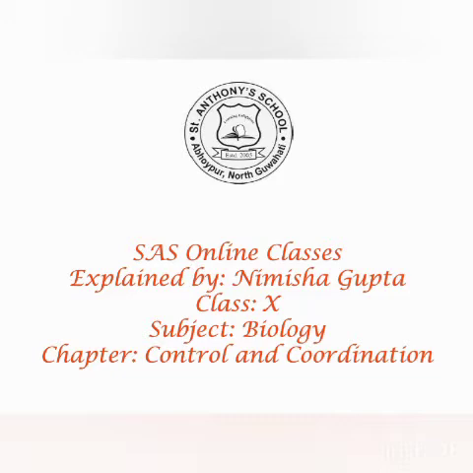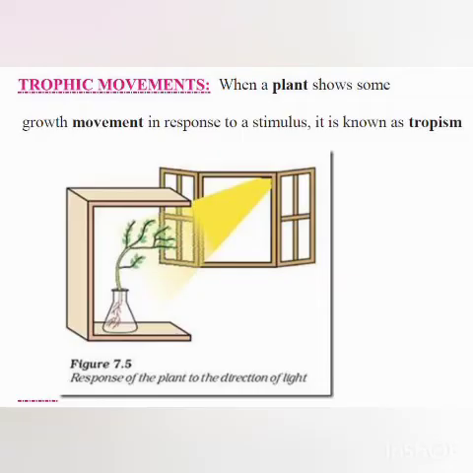Now children, please refer to figure 7.3 on page 121 in your book, or you can also see the slide. Here there is the experimental setup. Take a conical flask and fill it with water. Fit a piece of iron mesh at the neck of the flask, the wire mesh, I hope you all know, and place 2 or 3 freshly germinated bean seeds on the wire mesh.